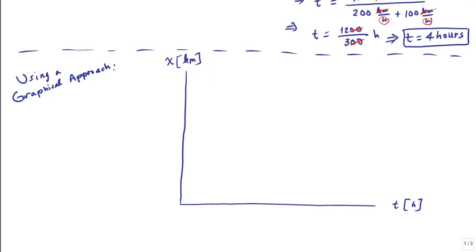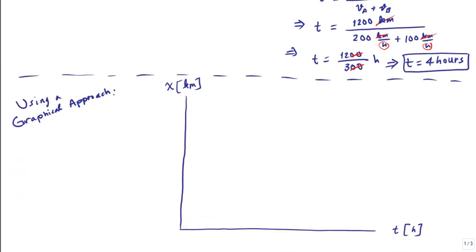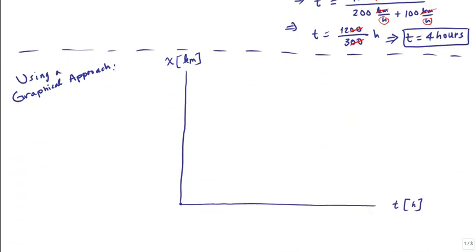Now, the problem statement told us to take the origin to be the starting station of train A. So that means that the position for train A is going to be at a 0 here of x. However, we know that the two trains are separated by 1,200 kilometers. So let's just say that the 1,200 is out here.